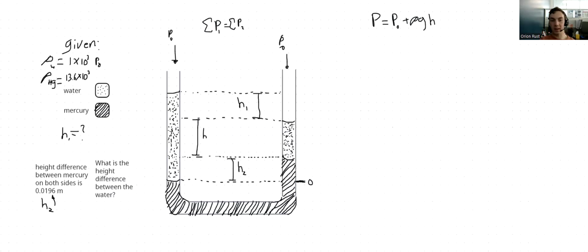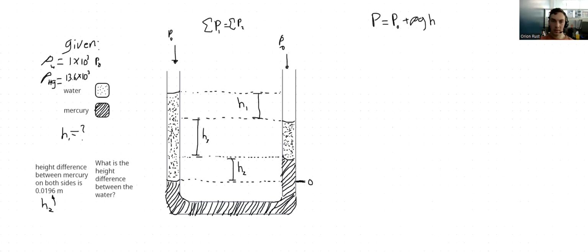What's nice about this is that because height 3 has water on both sides, the two sides are equal, and so they'll cancel out when we write out our equation. That makes it pretty nice for us.